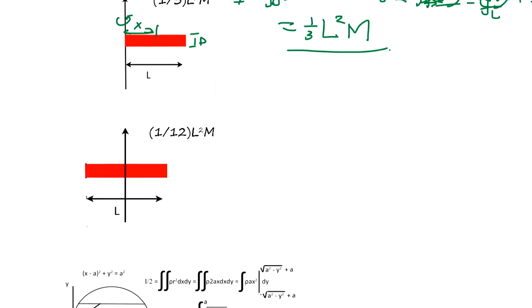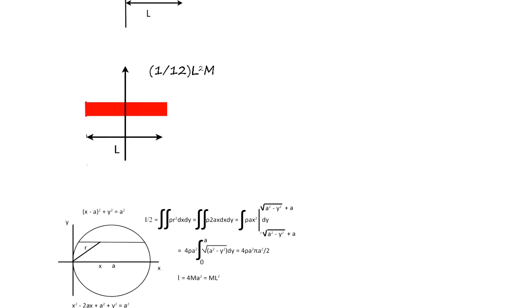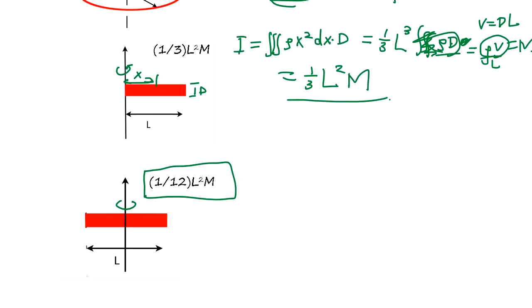Okay, we keep repeating the same way. The stick spinning around the center is going to be 1 over 12. The moment of inertia, you compare this and this, is much lower. Why? It's more symmetric and easy to spin. This is much harder to spin.